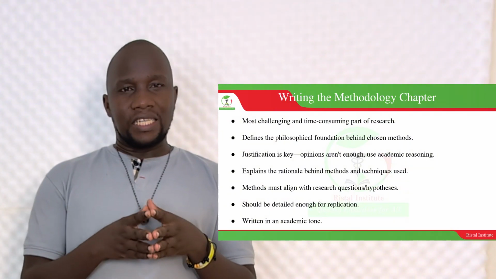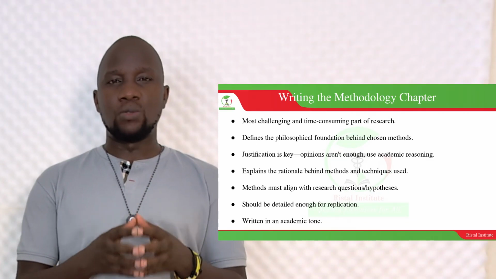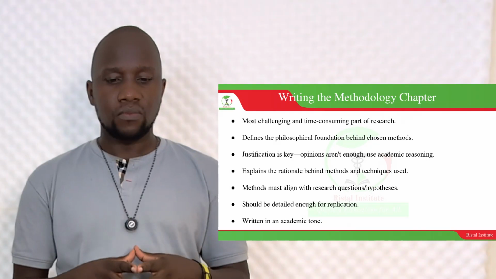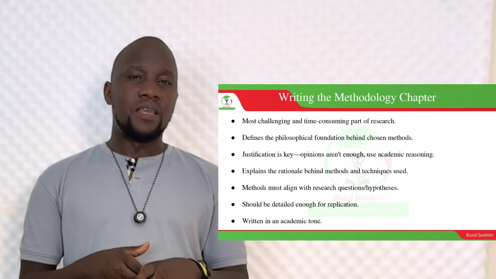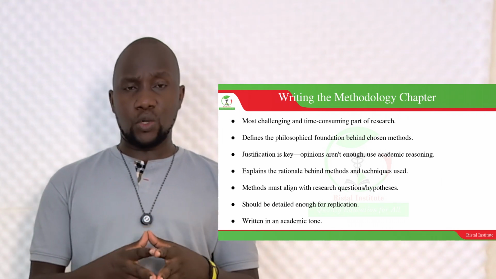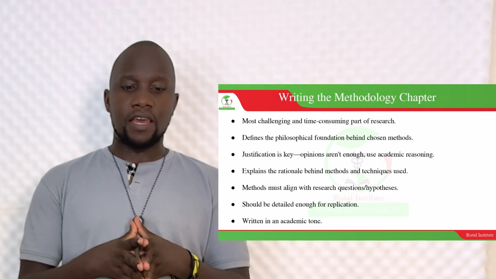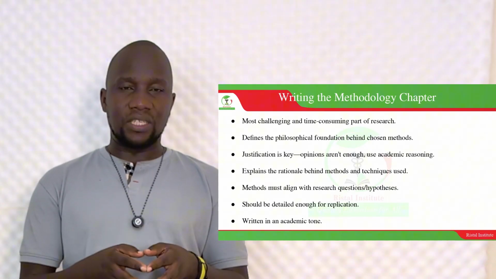So that means that whatever you choose, you need to give a justification. And that justification is not only about your opinions. That justification should come from logical reasoning, or what we are terming as academic reasoning here. Okay, so rationale is very important.